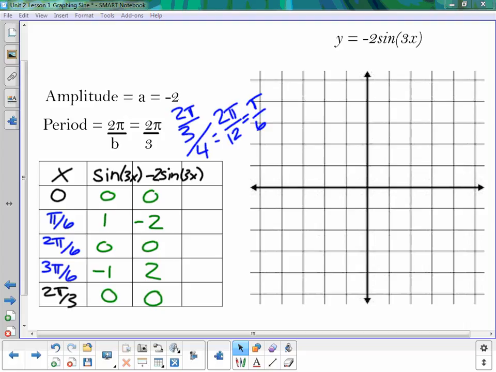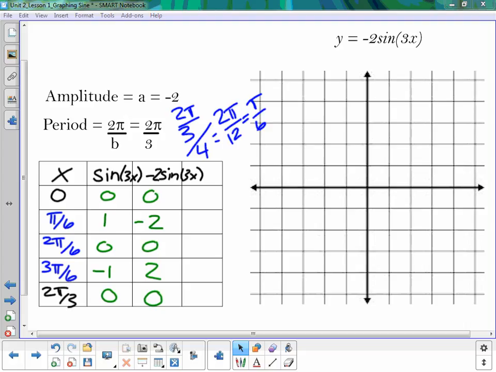So our amplitude is -2. So that's going to change how far above and below the x-axis we go. It's also going to change how our curve looks. It's going to look reflected. That's what the negative does. Our period changes.